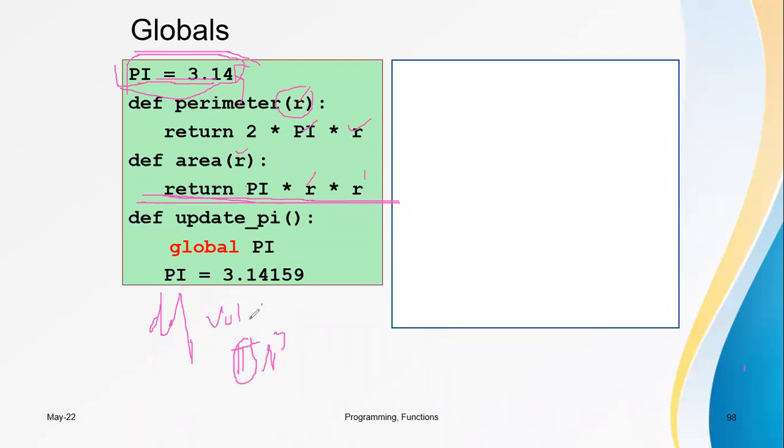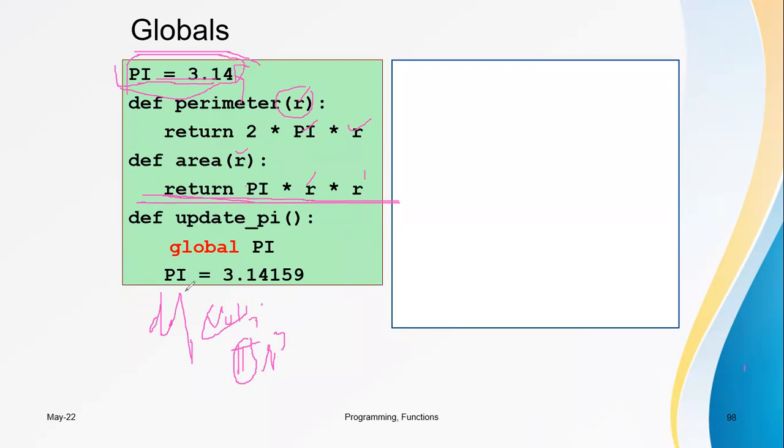Take it with 4 decimal points. That is, declare it as 3.1419 for more accuracy. Only for volume, you use a different pi value. But my program has already got the pi value. Now I want to change it, right? I want to change it.